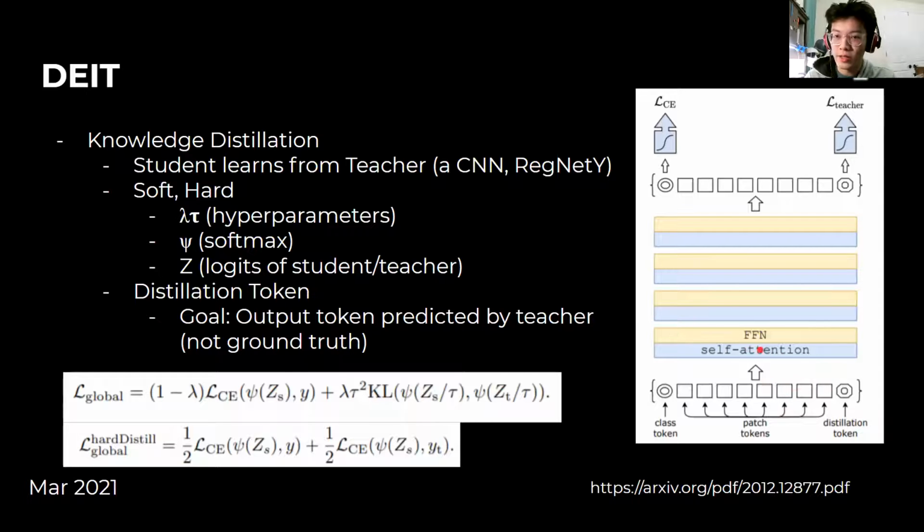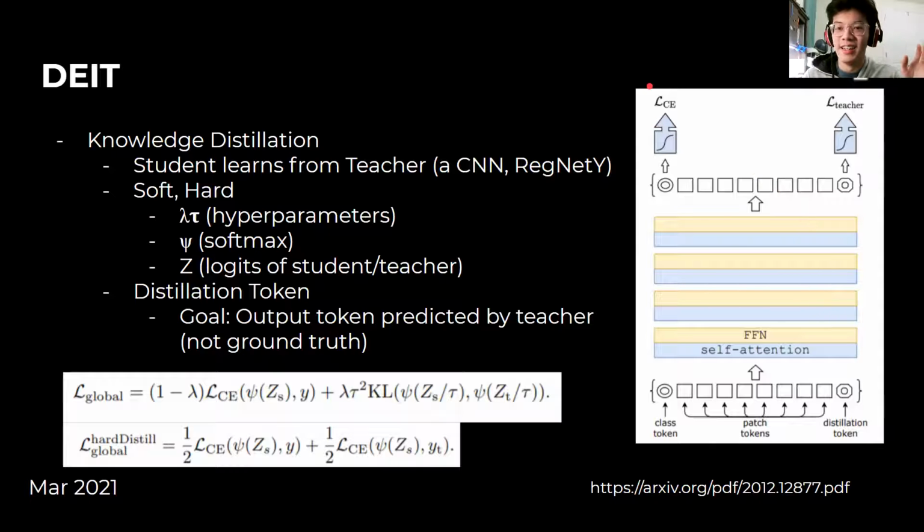But we also have a distillation token, which is an extra embedding that this DeiT model has, that the model will be able to learn and train later on for the loss of a teacher.